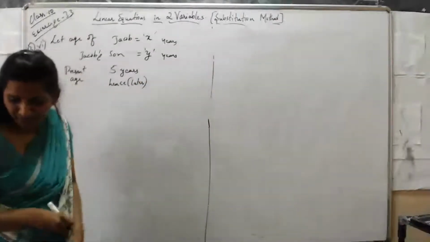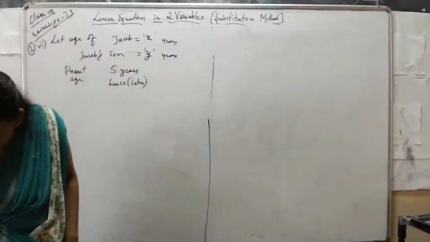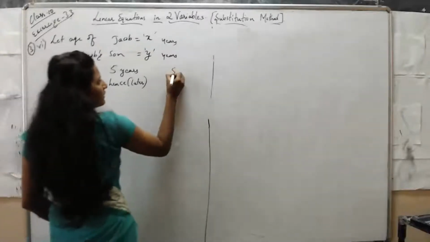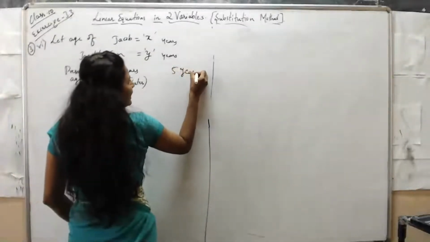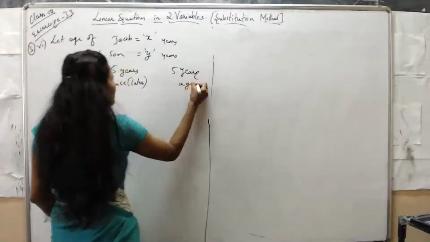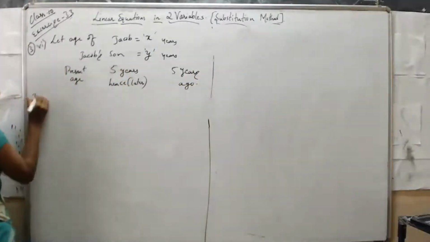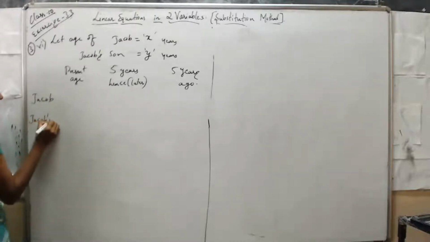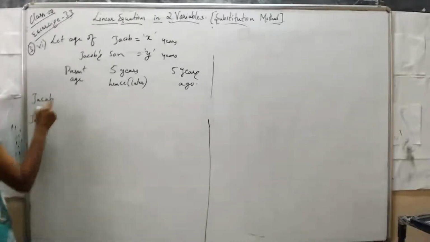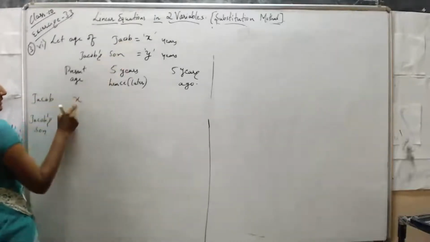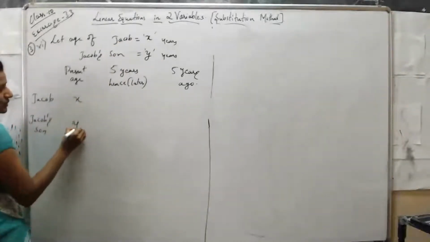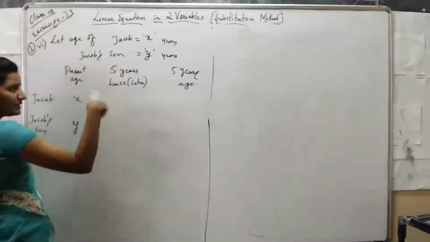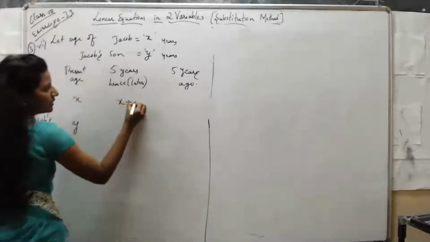Both are the same. Again, what have they given? 5 years ago. Now, this is Jacob and this is Jacob's son. Present age of Jacob is x and present age of Jacob's son is y. 5 years later means what we have to take? Plus.